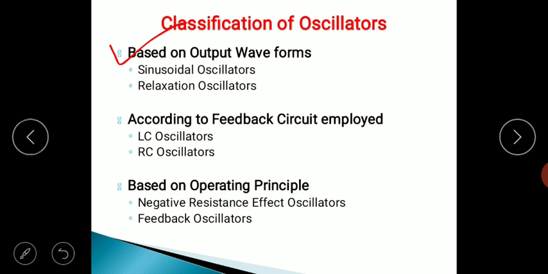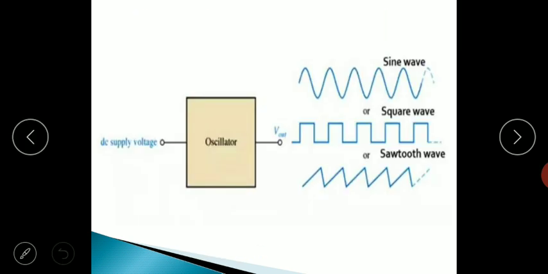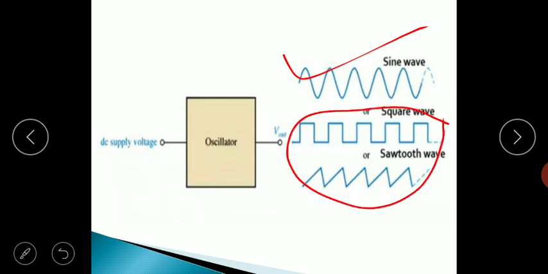Whereas for relaxation oscillators, if you see the previous slide, here I have shown different kinds of waveforms. This is called sinusoidal, and these two waveforms are called non-sinusoidal.